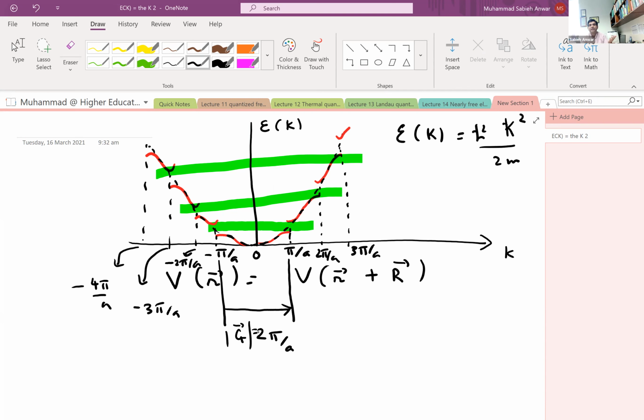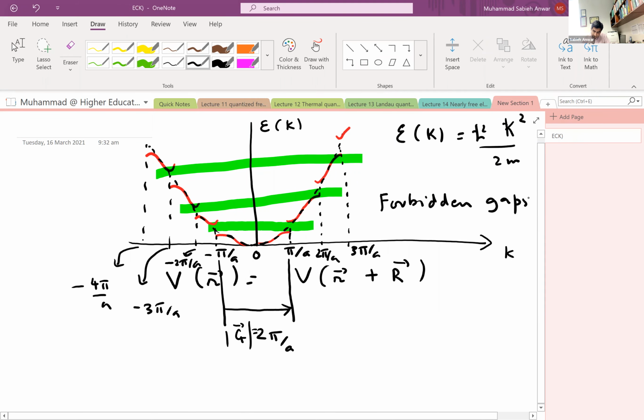And the overall result of this deviation is that certain regions, which I've denoted as green in this dispersion relationship, become devoid of electron levels. These are our forbidden gaps. Hence, the picture in front of you at the moment represents the dispersion relationship of a nearly free electron.